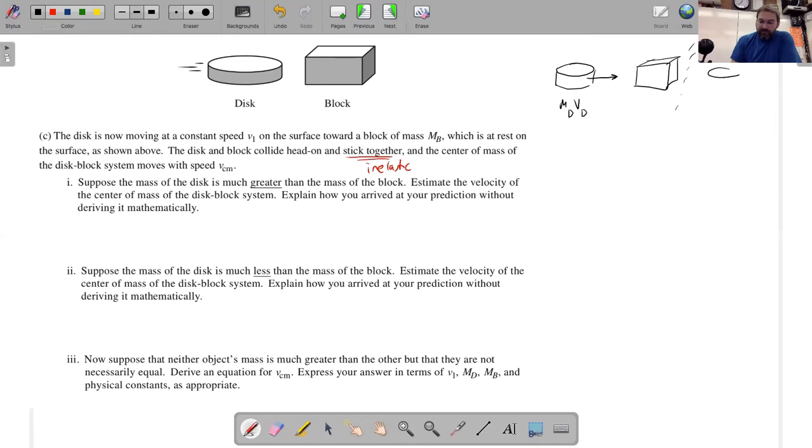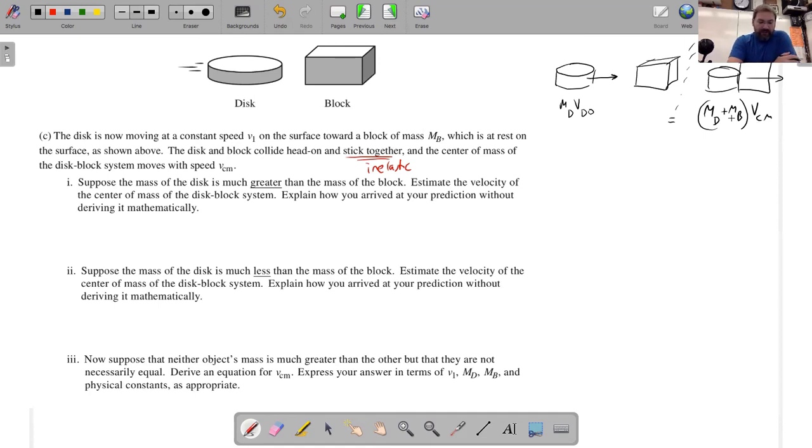After the collision, when they stick together and move together, you have the mass of the disk plus the mass of the block, times the velocity afterwards, which in this problem is defined as v c sub m. So the mass of the disk times the velocity of the disk before the collision takes place is exactly equal to the sum of the masses of the disk and the block times the velocity afterward. That's a very basic law of conservation of momentum problem.